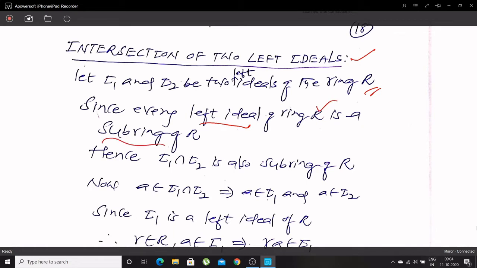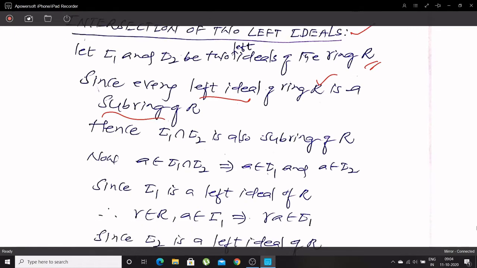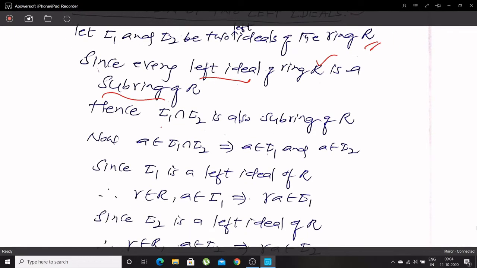Very clear, it may be a left ideal or right ideal, but basically it must be a subring. Since it is a left ideal, therefore it is a subring. Clearly, what it shows is that the intersection of these two ideals is also a subring.